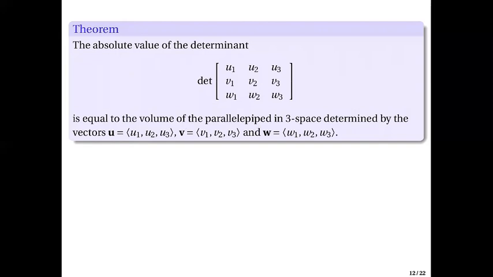So if you have three vectors, you will have vector u, vector v, then you have the vector w here. So in the three-dimensional space, you will be able to construct a parallelepiped.